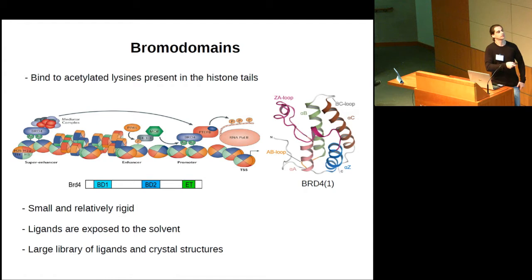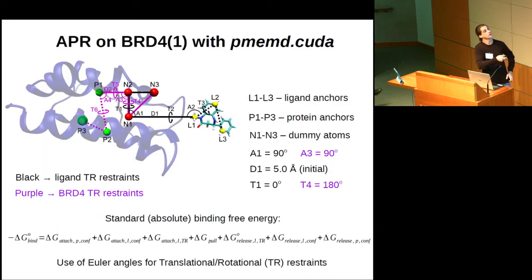There are also hundreds of crystal structures with different ligands bound to bromodomains. So they provide a great testing ground for this method, to see how far we can go, and whether we can not only calculate binding affinities, but also perform a little bit better than docking programs, again using the high performance simulations.